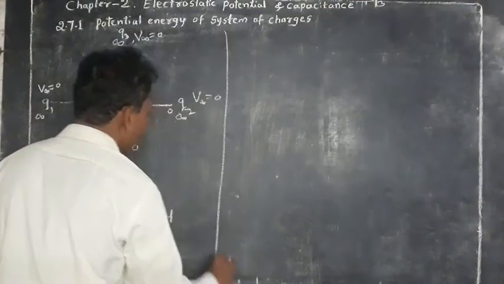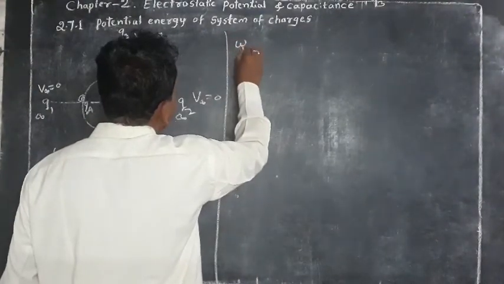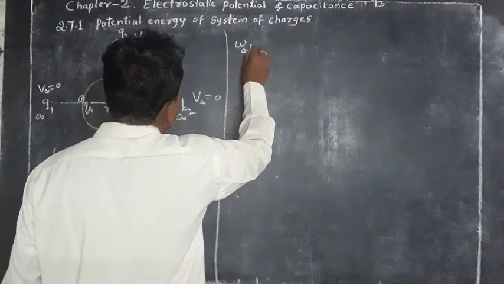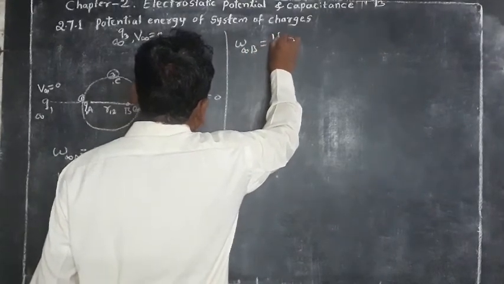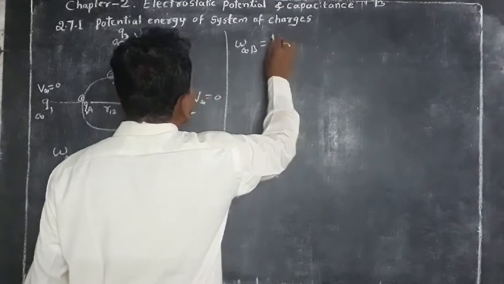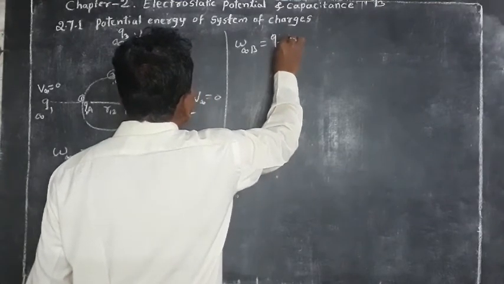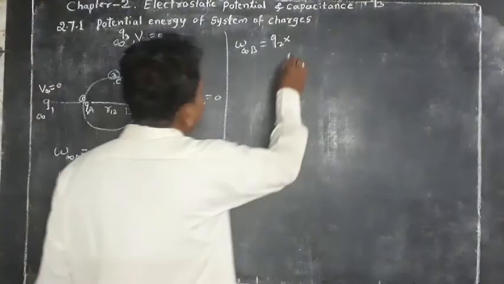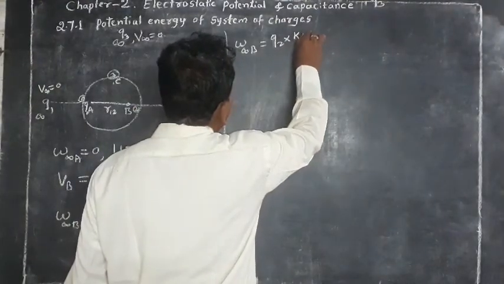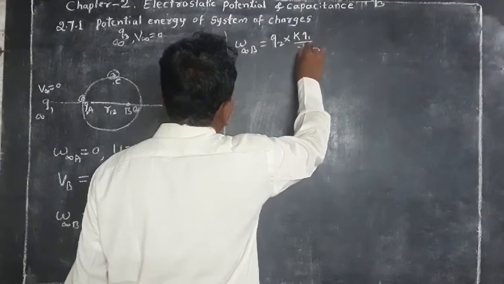Therefore, work done in moving a charge from infinity to the point B is equal to Q2 into Vb, and Vb is equal to KQ1 upon R12.